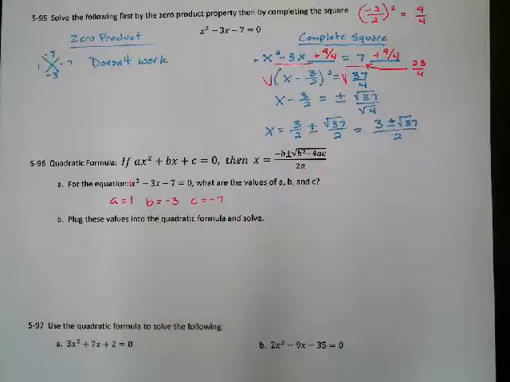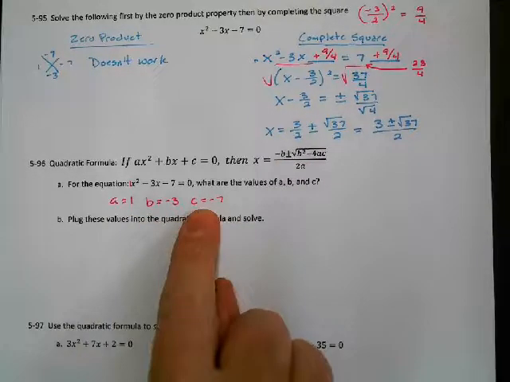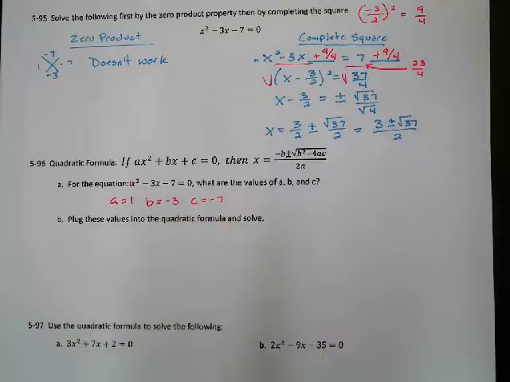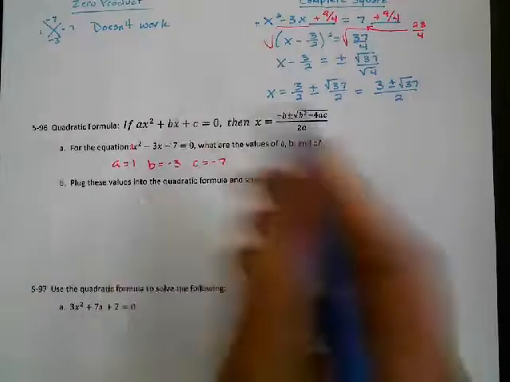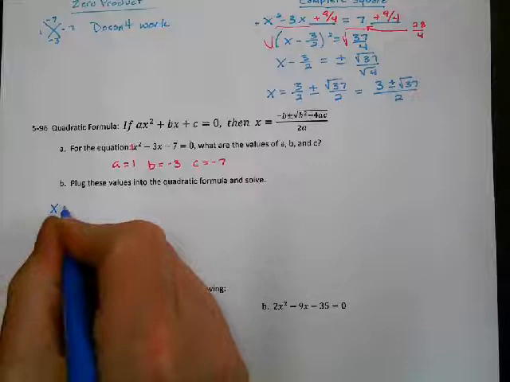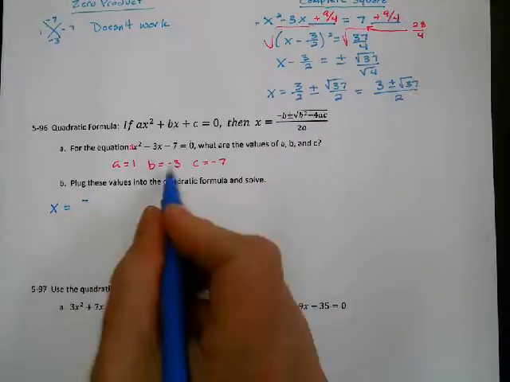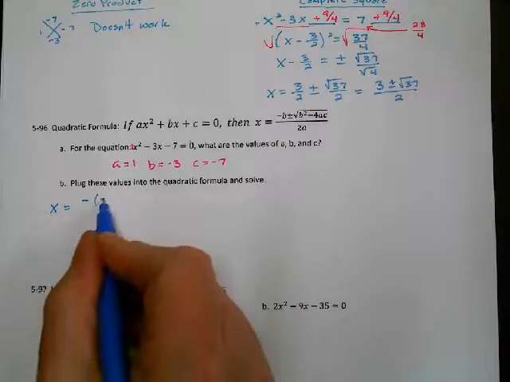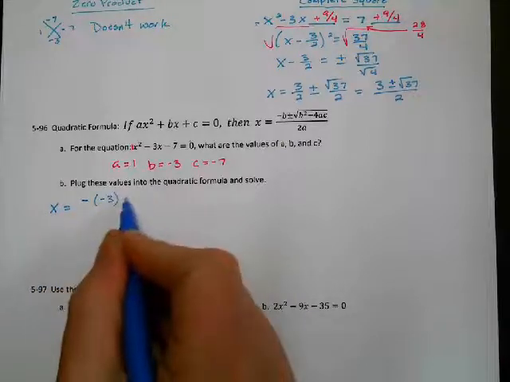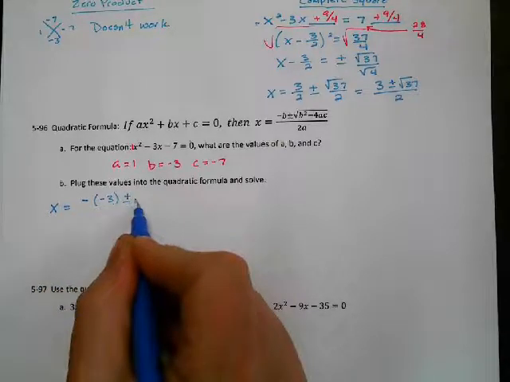Okay, so now we're going to plug in these quantities to solve. We're going to do it in a few steps. First thing we're going to do is x equals, then it says negative b. So negative, and then I'm going to plug in b. I'm going to always plug everything in parentheses. It's going to keep me from making silly mistakes.